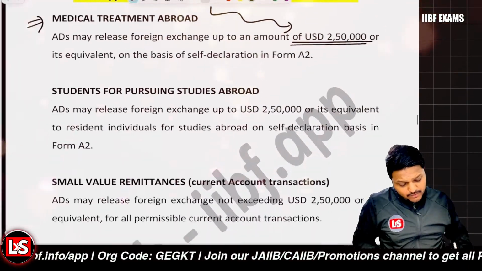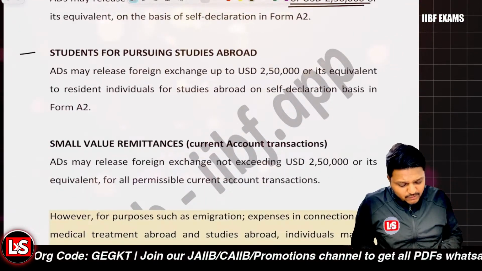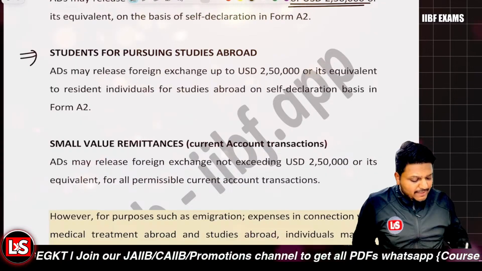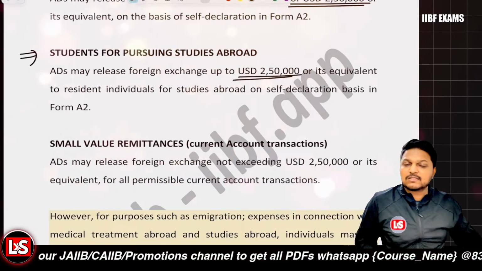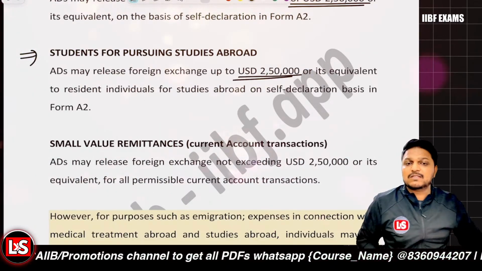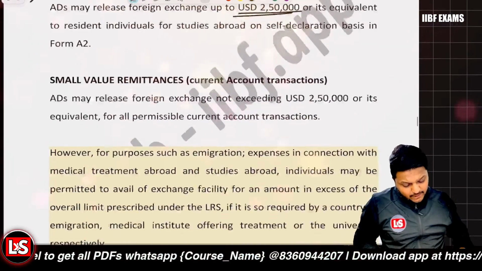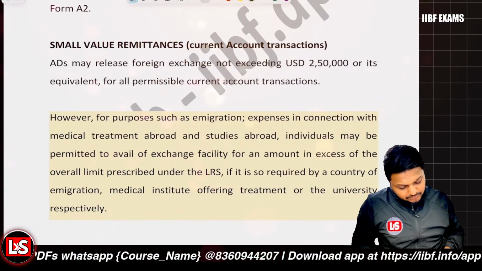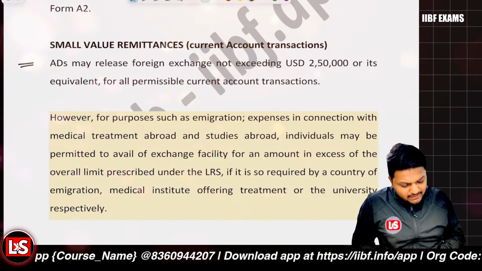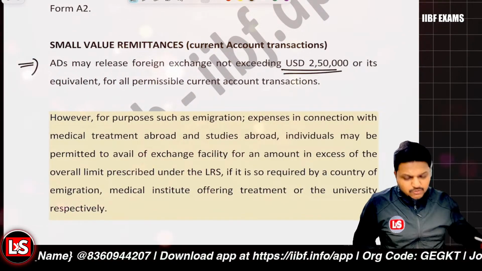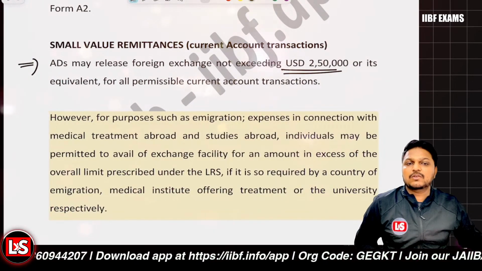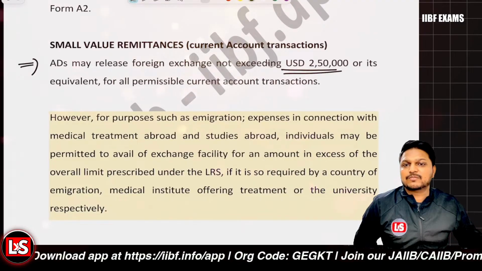And if you're a student pursuing studies abroad and the university says the amount required is more than 2,50,000 USD, that is also allowed if the university has issued a letter, right? And also for small value remittances, transactions not exceeding 2,50,000 USD, you can make such payments. Clear with it?